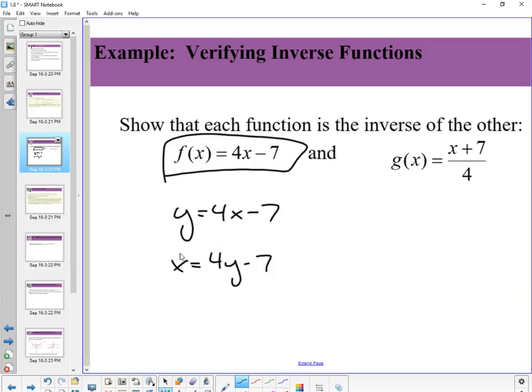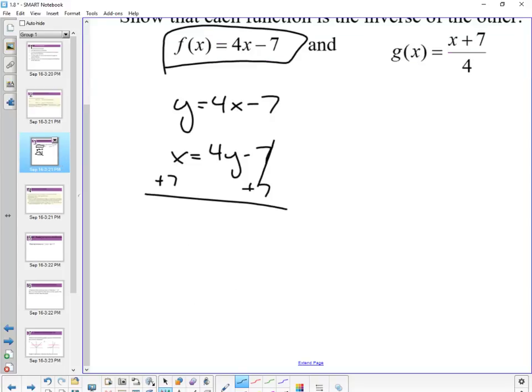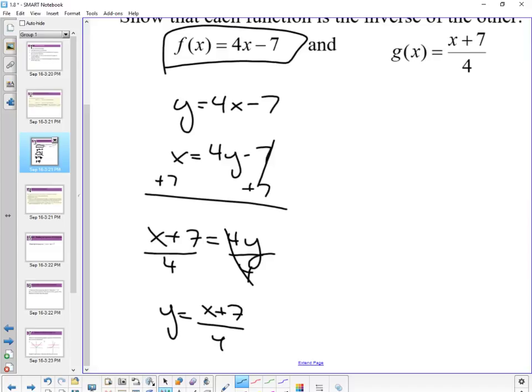So I'm going to add 7 to both sides. That gives me x plus 7 is equal to 4y. And once I divide both sides by 4, I see that y is equal to x plus 7 over 4, which is what they gave us. Therefore, it is verified that they are inverses of each other. We would only have to do one way, technically, because once you get there, you should get the other one.